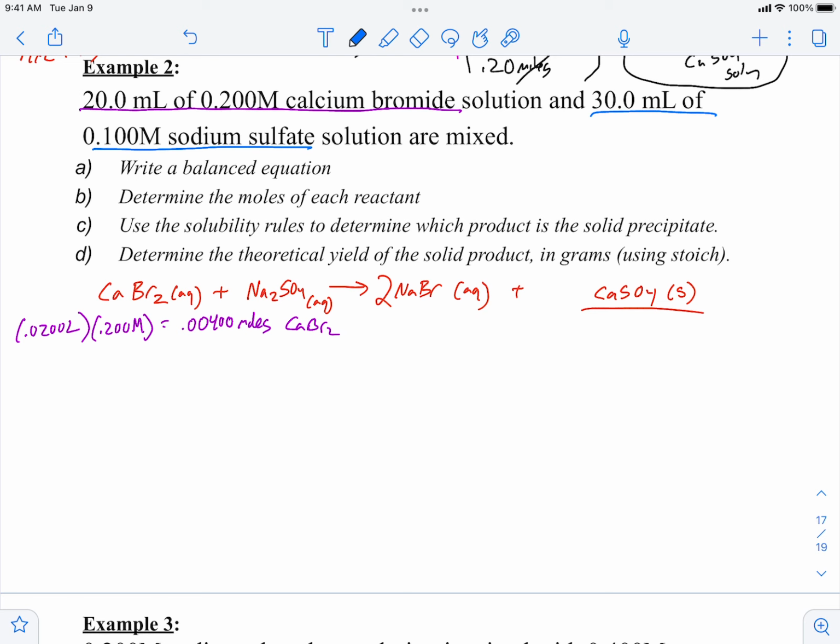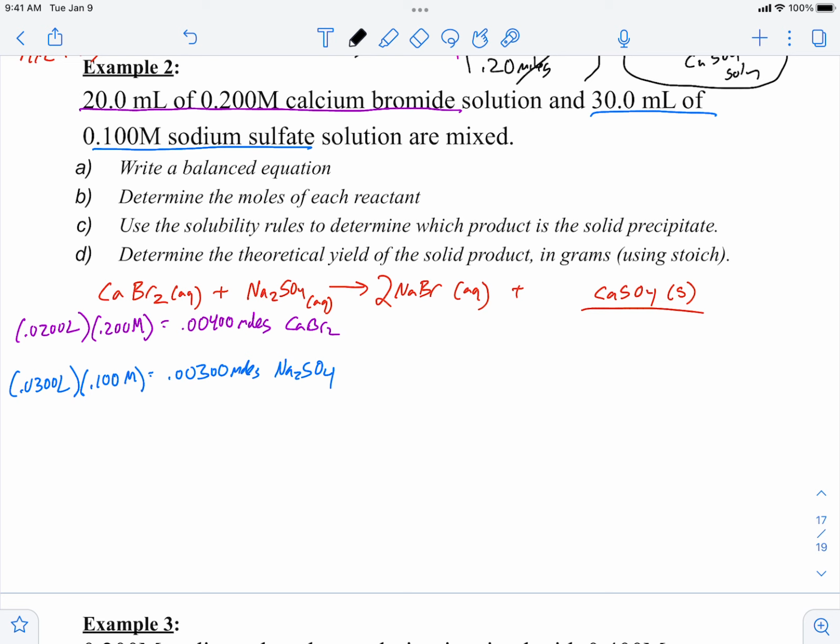Let's do sodium sulfate. Okay, got moles of both reactants. Use the solubility rules. Oh, we already did that, so we already know what the solid is.